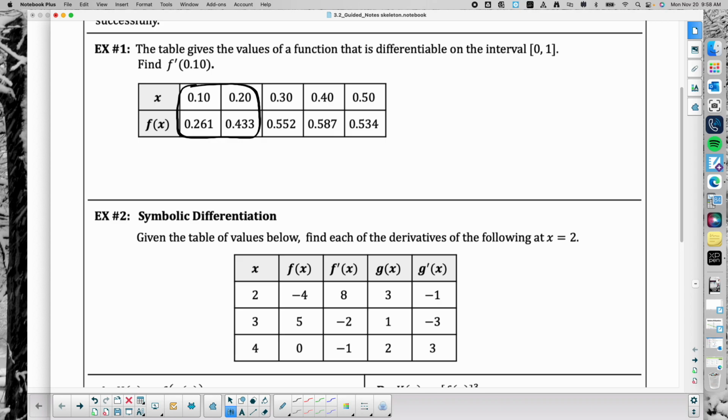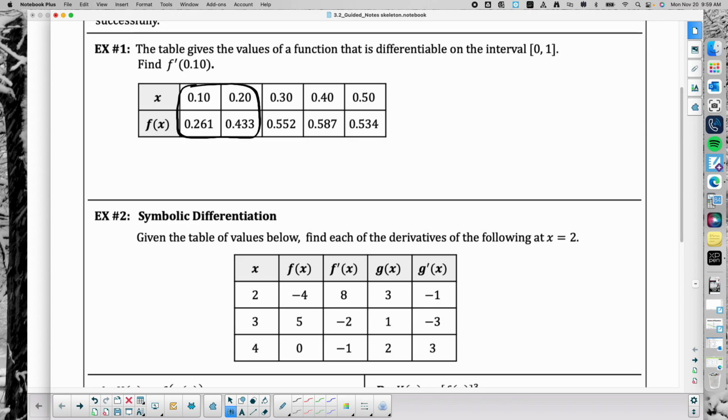I want to say on the AP test, I believe it uses the word approximate or estimate. I don't think it says find exactly f prime of 0.1. This exact same question is on the test. Like they have questions this easy, but I want to say it specifically uses the word approximate or estimate.